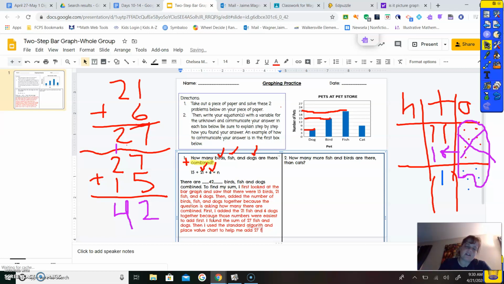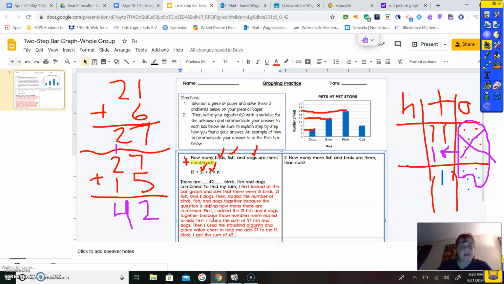It sounds like I'm talking about hot dogs. To add 27 to the 15 birds, I got the answer, I got the sum of 42. So that's an example of what it would look like, there's your equation.